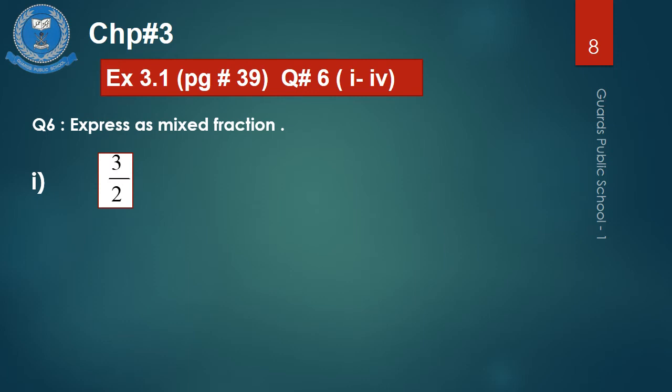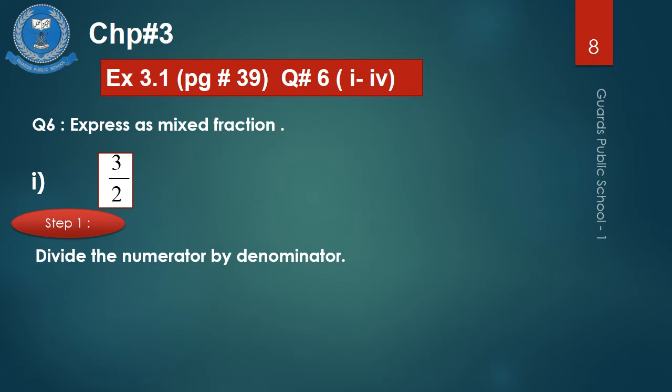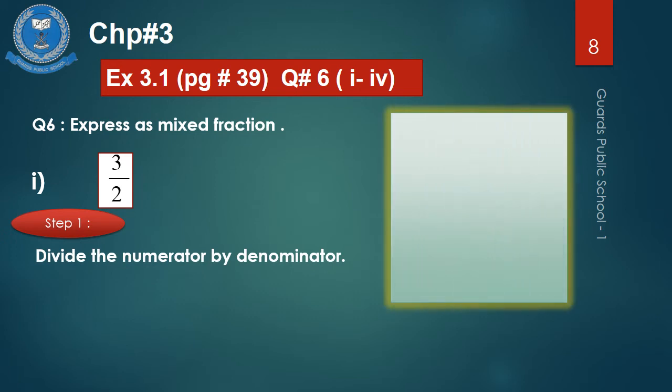Now look at the given fraction. To convert into a mixed number, we have to follow some steps. Step number 1, divide the numerator. What is the numerator? Yes, 3 is the numerator. Divide the numerator by the denominator, and in this question 2 is the denominator.